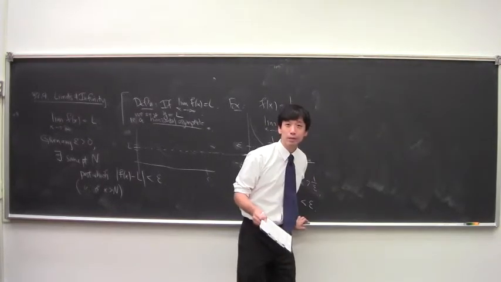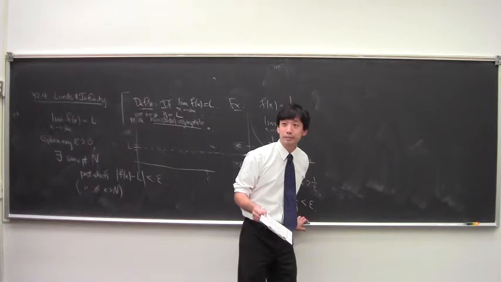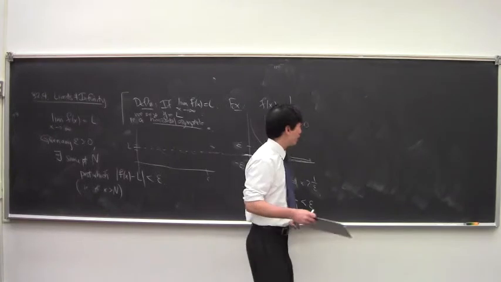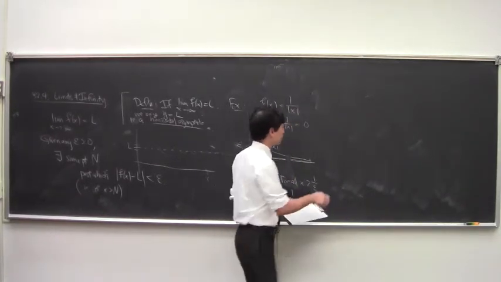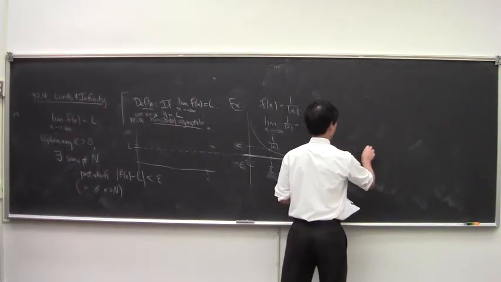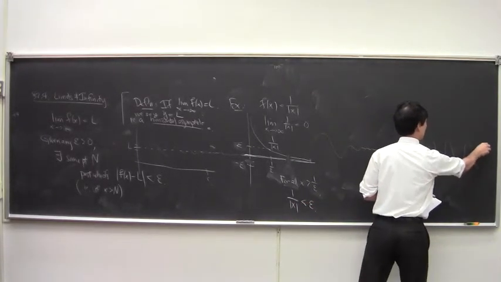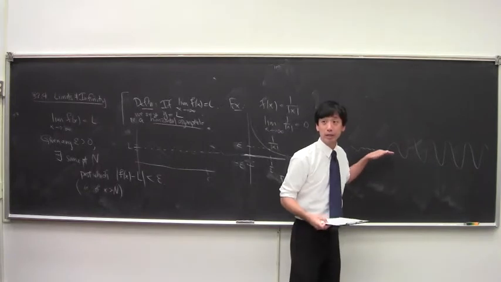Okay. Any questions? Emily? If you're oscillating above and below your limit, can you get really close and then get significant again? So that would fail, right? If you have a function that becomes very close and then leaves, and it doesn't become arbitrarily close again, then that's no good.